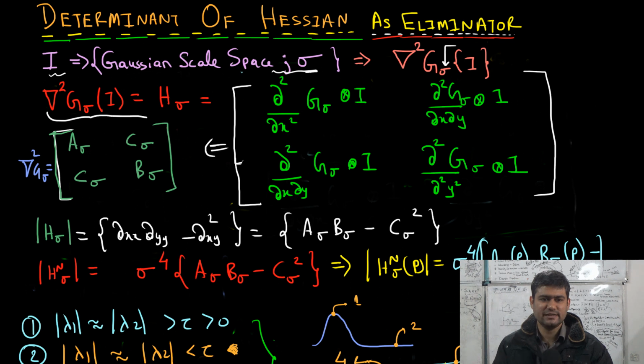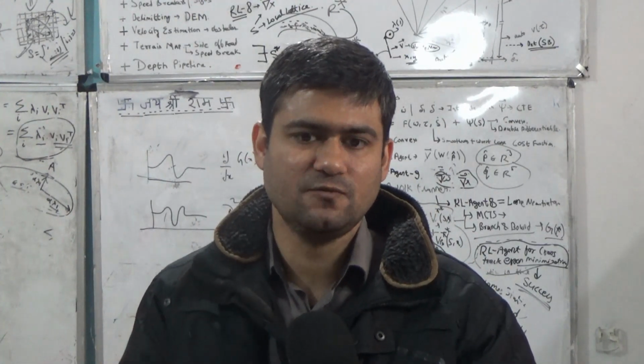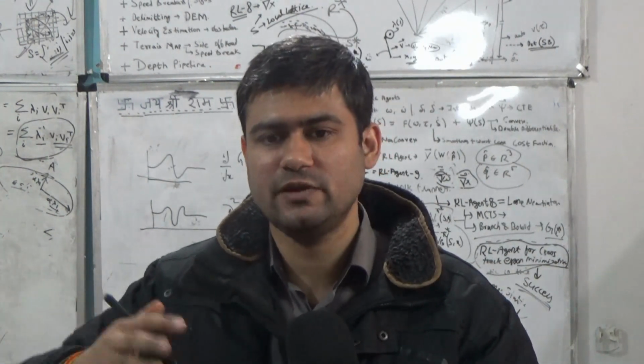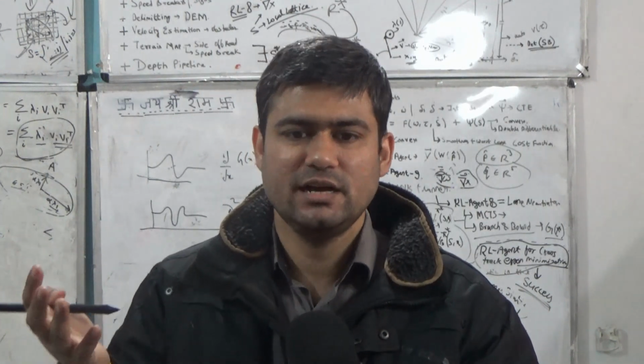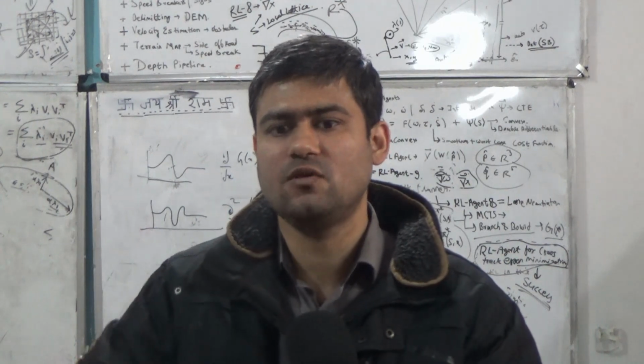So in the previous lecture, we studied that the Hessian can be broken into individual components. So it's going to be a 2x2 matrix at every pixel coordinate p, and can be broken into its individual components. So its components are second order partial derivative of the Gaussian function convolved with the image. Using the ideas from the Laplacian of Gaussian lecture, the Laplacian of Gaussian is same as first convolving the image function with Gaussian and then taking its Laplacian, or we can just compute a Laplacian of Gaussian filter and convolve it with the image.